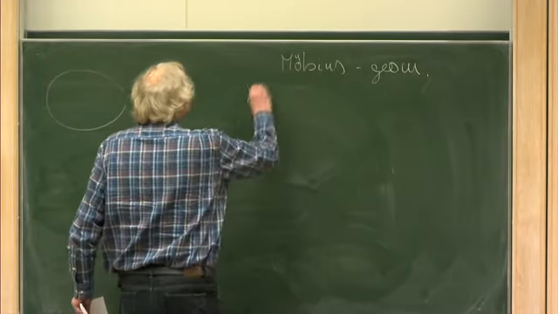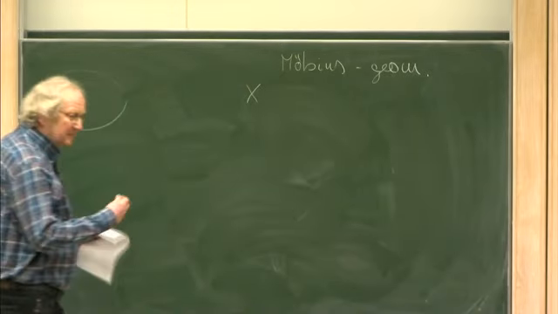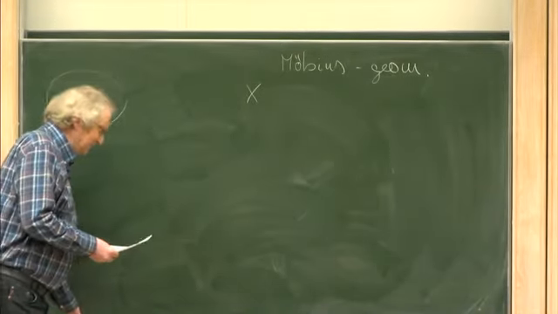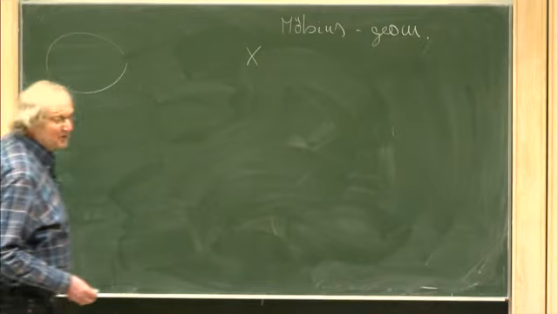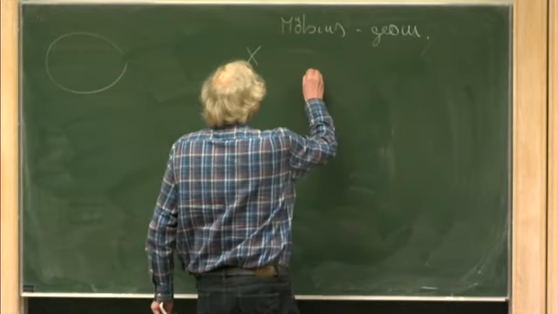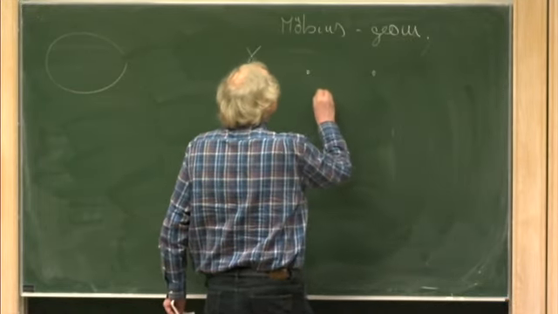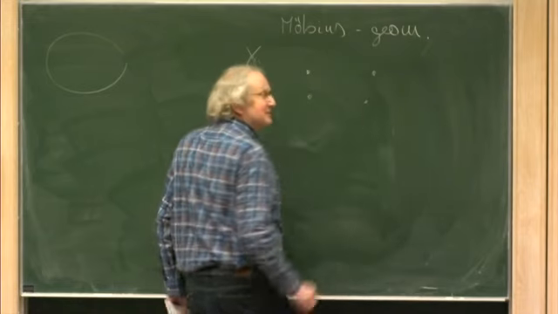So let's say we have a set which has at least 3 or 4 points, and this kind of Moebius geometry has to do with studying 4 points.